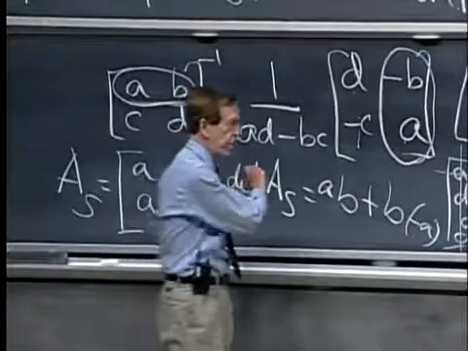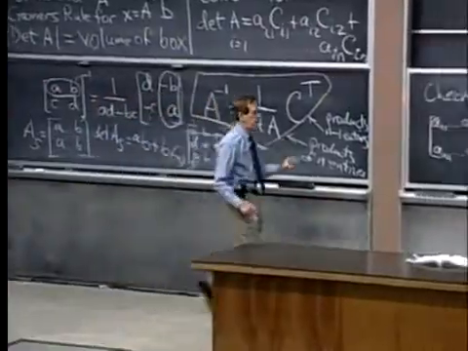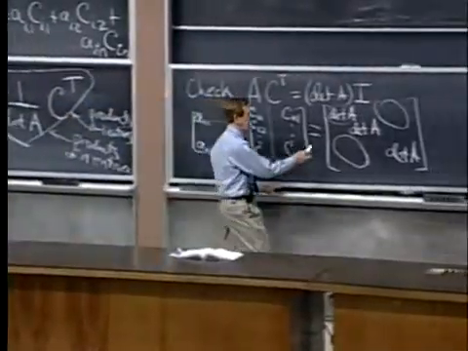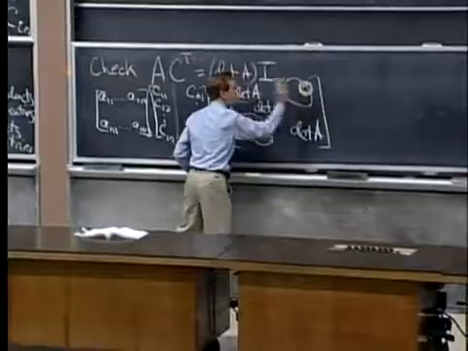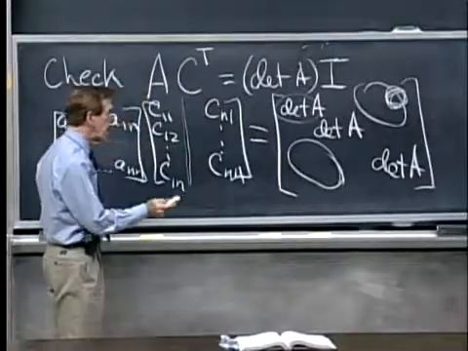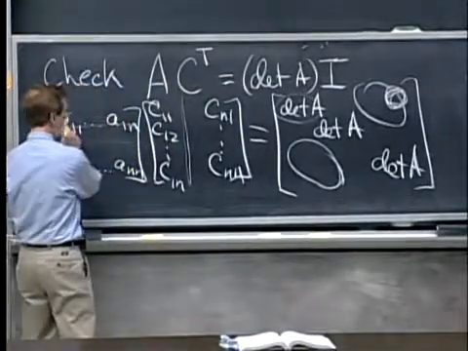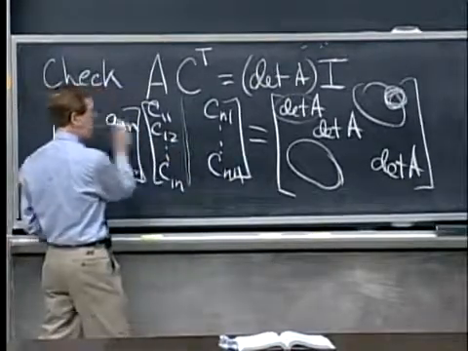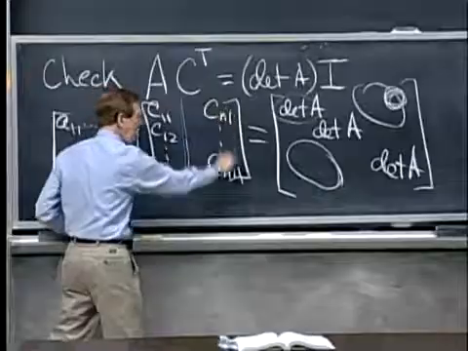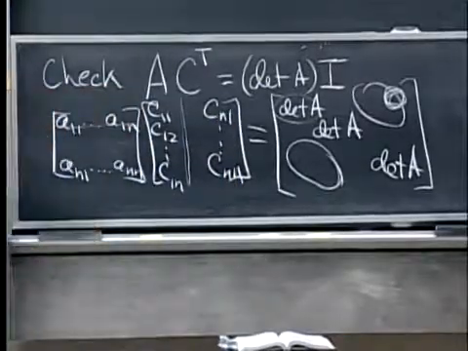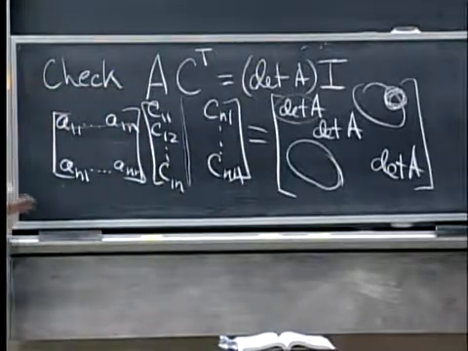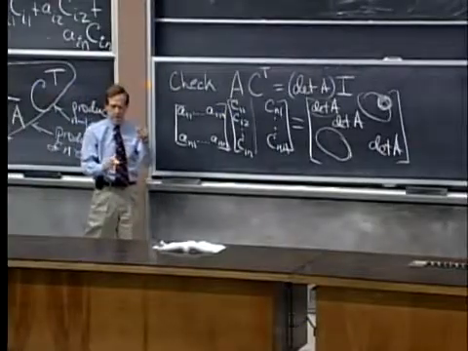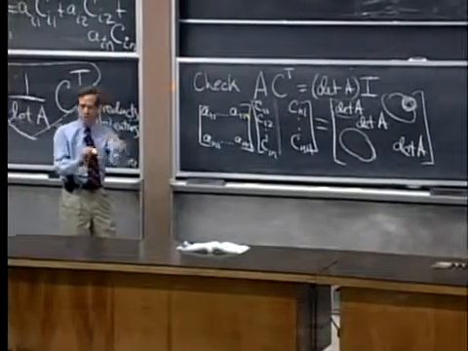That's the 2 by 2 picture, and it's just the same here. The reason I get a 0 is that when I multiply the first row of A and the last row of the cofactor matrix, it's as if I'm taking the determinant of this screwed up matrix that has first and last rows identical.